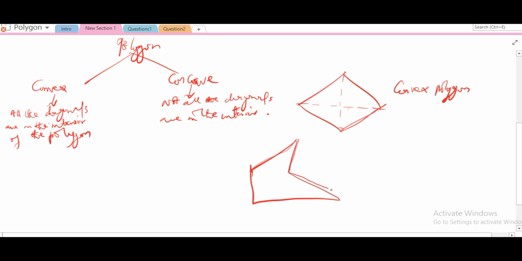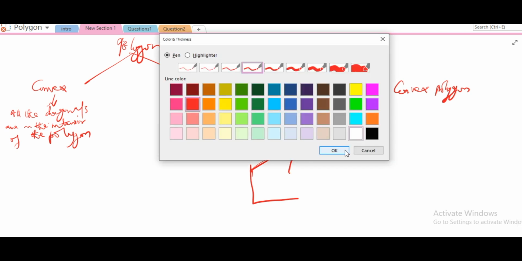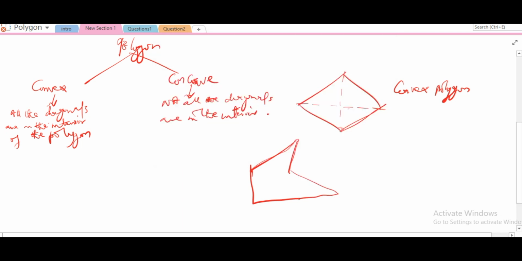So this obeys the rule of the definition, that at most two segments meet at a point. So it's correct, but it's not a convex polygon.